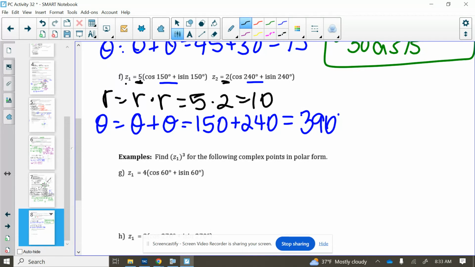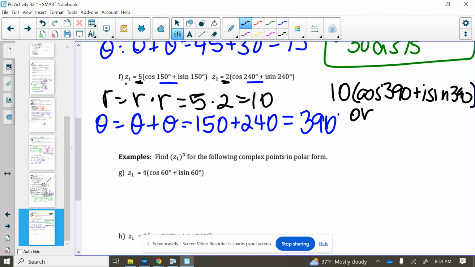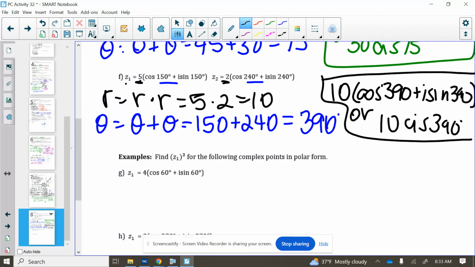And our final answer then, you would have 10 cosine of 390 plus i sine 390, or 10 cis 390.